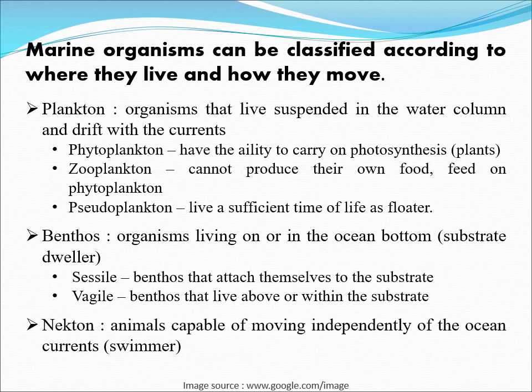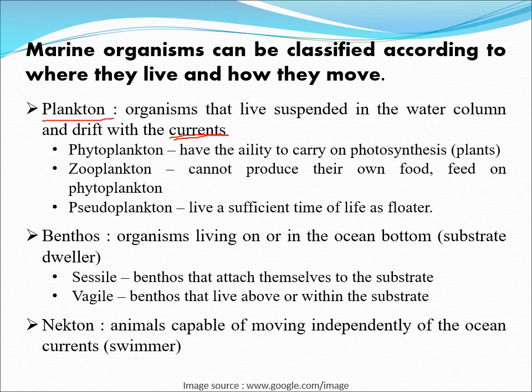The first group is known as plankton, that means organisms that live suspended in the water column and are drifted with currents, the floaters. They have no moving apparatus. They are almost static. They can only float over the water surface, and they move from one place to another along with the ocean currents. That means the floaters. They are known as plankton.